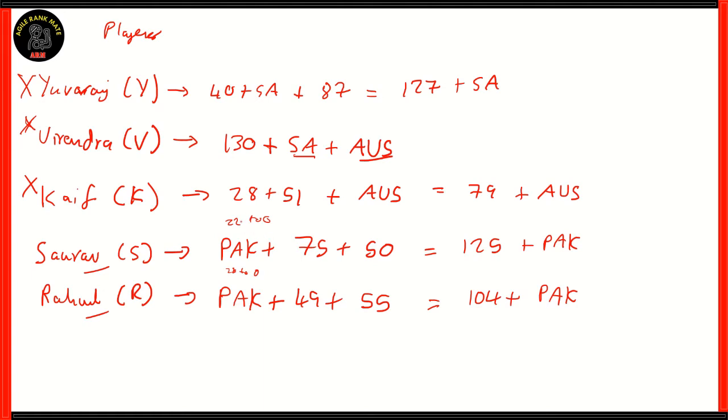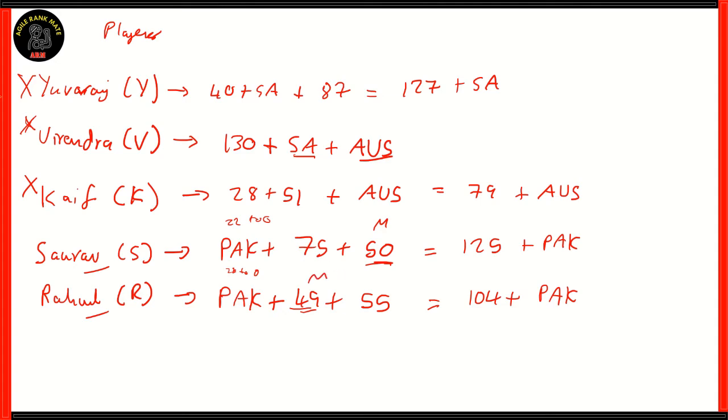And even if we assume that they got 22 runs, it's actually the lowest score for them. So the middle score would in this case be 50 for Saurav and 49 for Rahul. So the middle index for Saurav is 50 and the middle index for Rahul is 49.